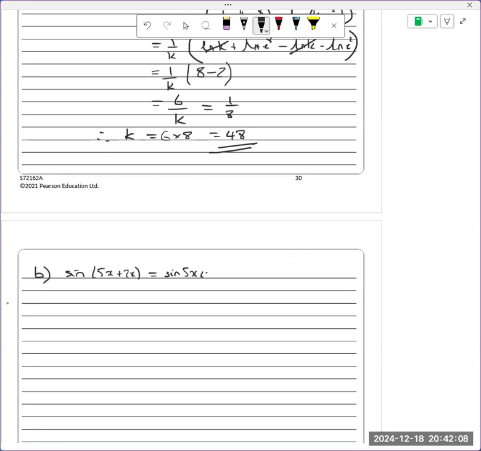These formulae are in the formula book if you don't know them. And sine of 5x minus 2x is sine 5x cos 2x minus cos 5x sine 2x. I'm going to call that equation 1, call that equation 2.